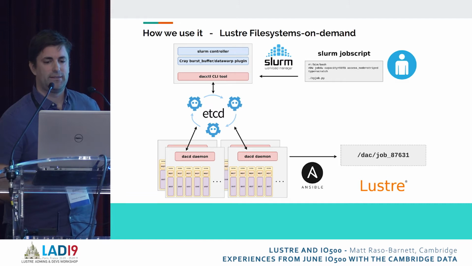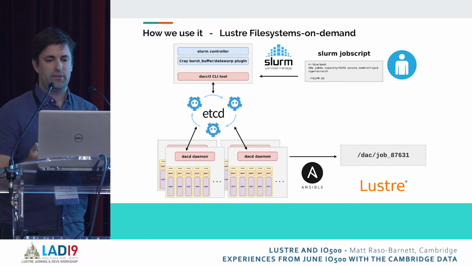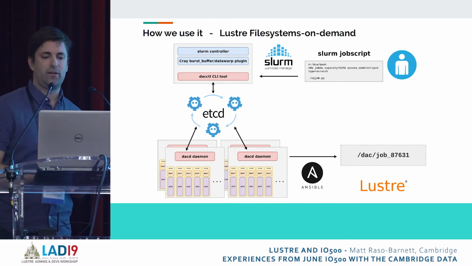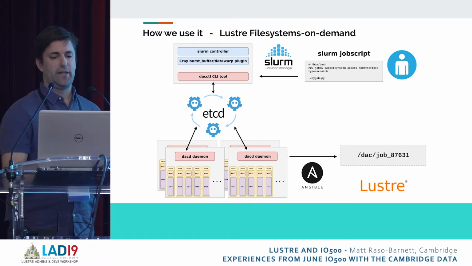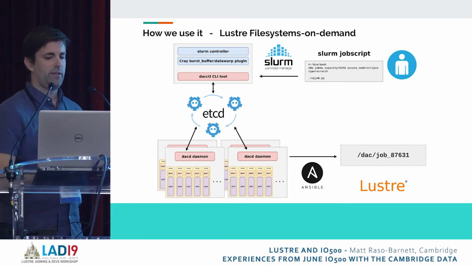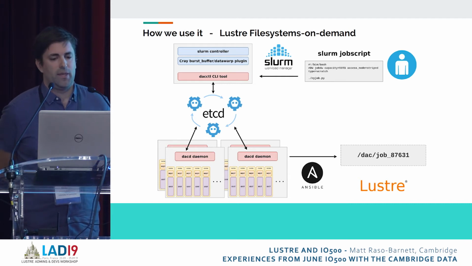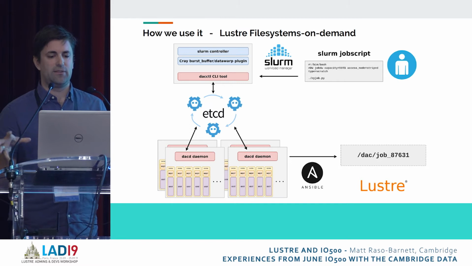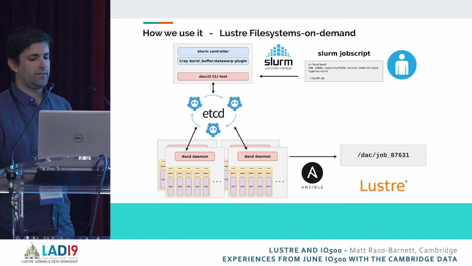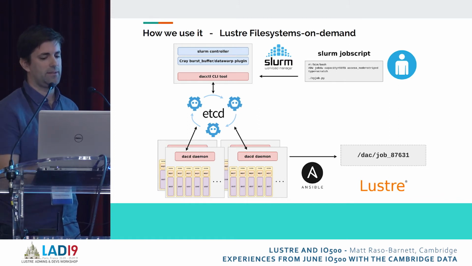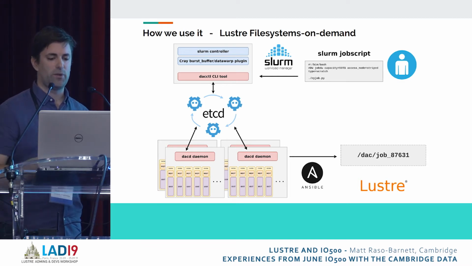The way it works is that users, in their Slurm job script, would issue the directives to create a buffer file system of a particular capacity, and Slurm would then run a tool that we've written that interfaces with the etcd key-value store, which is sort of our database of these file systems. It issues the request, and this is then picked up by a daemon on these servers, which know about the hardware that they've got and what is being used already and what is free.